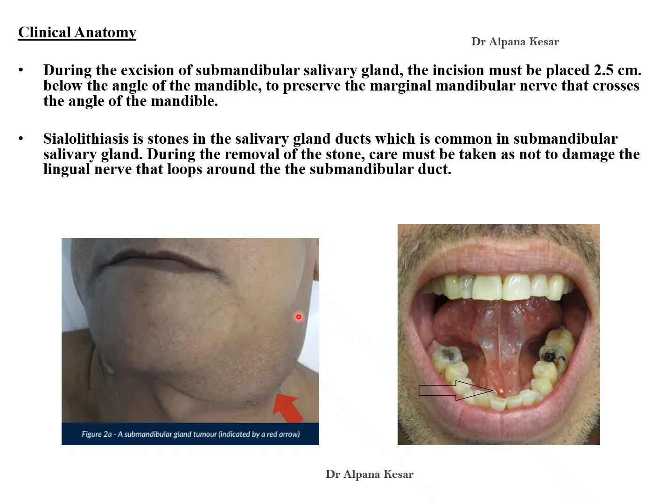This is done to preserve the marginal mandibular nerve that crosses the angle of the mandible. The marginal mandibular nerve is a branch of the facial nerve that is motor to the muscles of the lower lip. If this nerve is damaged, it will result in paralysis of the muscles of the lower lip.